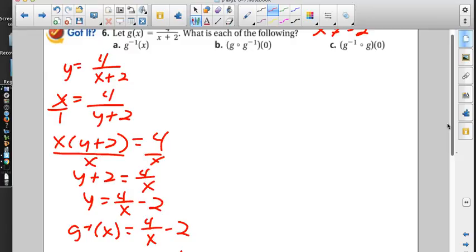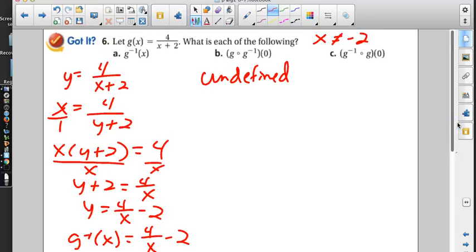Just B? Yeah, because remember, it's going in here first. Undefined, can't do it. Is it okay to put 0 in our original? Was that an okay thing? Okay, so that one we can do. Let's take B. If we put 0 in our original, we'll get 4 over 2, which is 2. Done? Walk away. What do we still have to do?